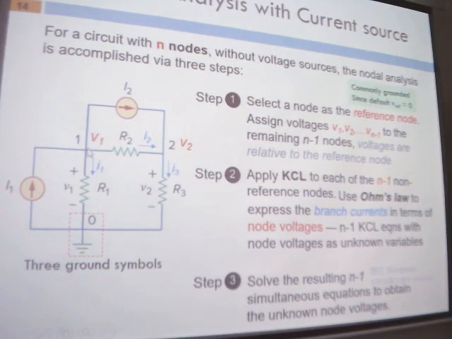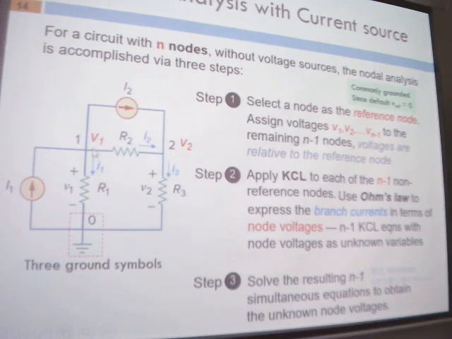For node 1, the current inside is equal to the current outside, so big I1 equals big I2 plus small I1 plus small I2. Big I1 and I2 are known, small I1 and I2 are unknown, and we should write small I1 and I2 in the form of V1 and V2. Clear?